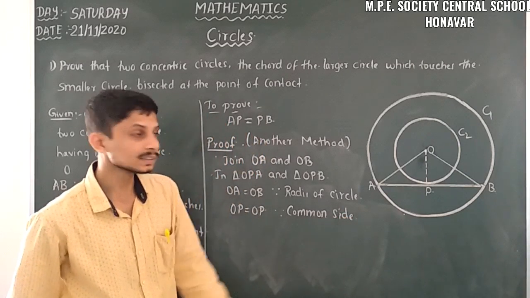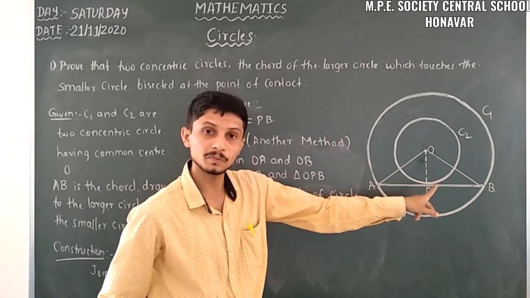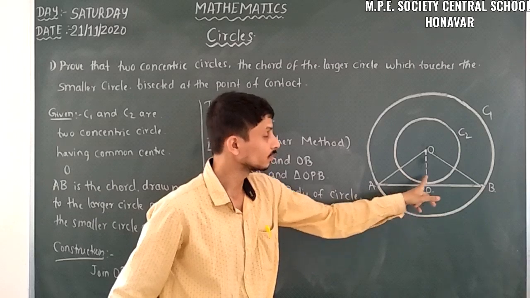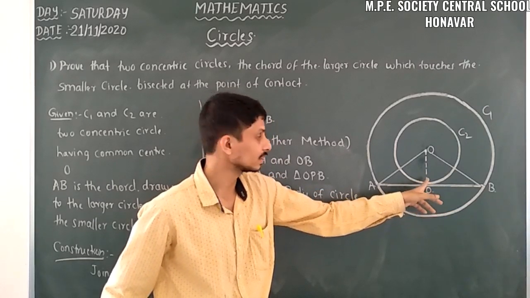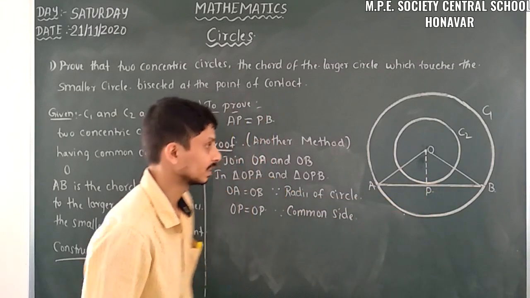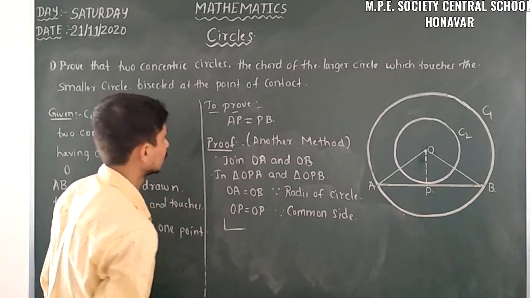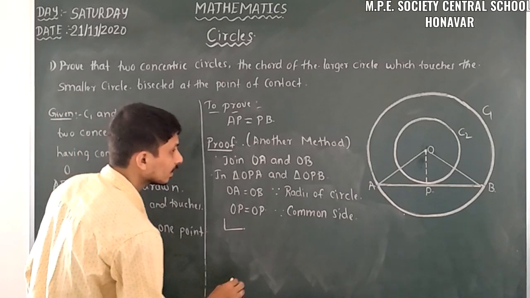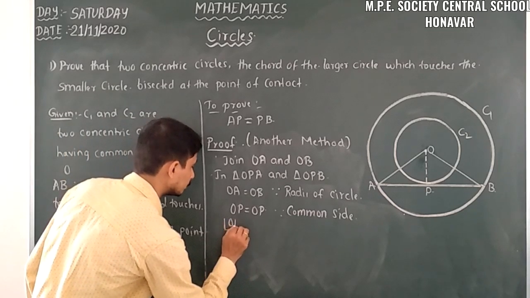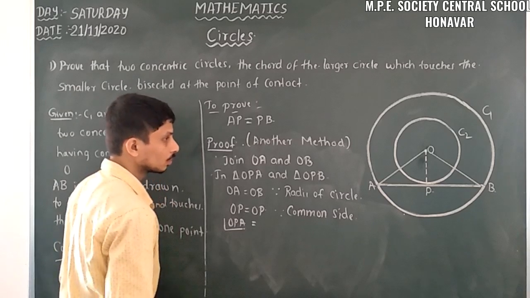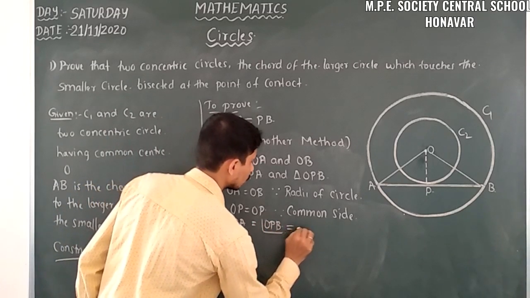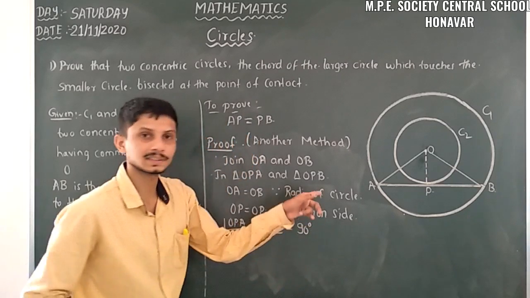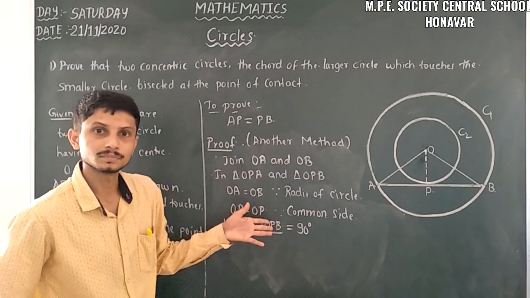Then another equality: OP is perpendicular to AB, we already know that, so these two angles are right angles, that is angle OPA is equal to angle OPB is equal to 90 degrees.